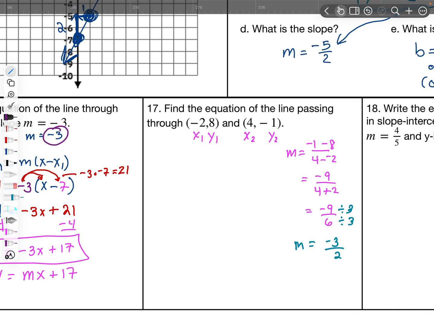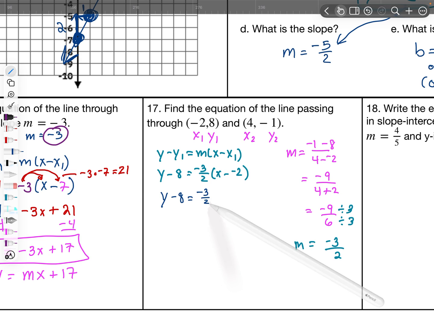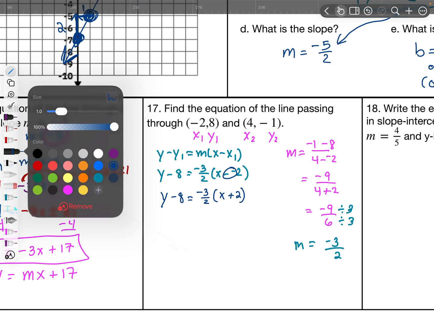But now I'm ready to use my formula, because I have a point and I have a slope. Y minus my 8 equals my slope, x minus -2. So I'm going to have to do a little rewriting. I'm just changing that double negative. Now I'm ready to distribute.